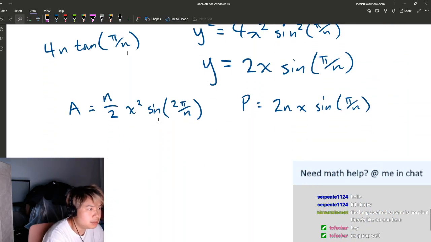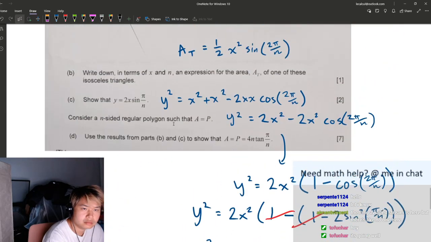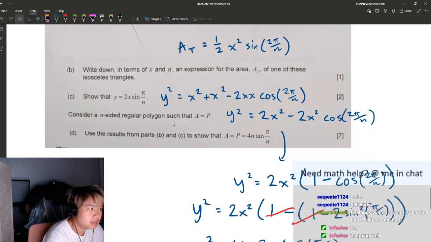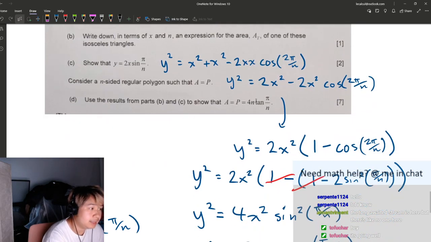I wonder which one's easier to work with. So this is what I'm thinking. Right now, there is no x in it.